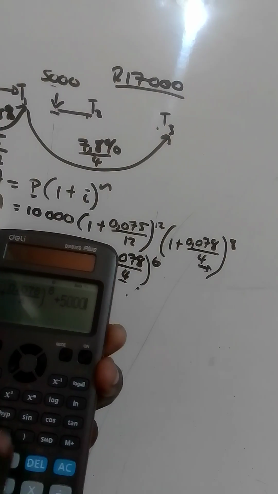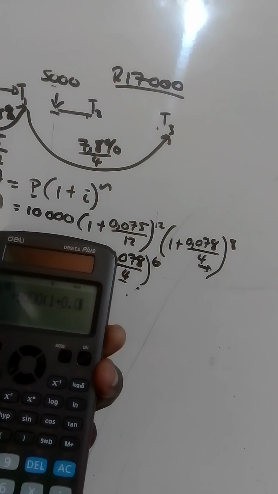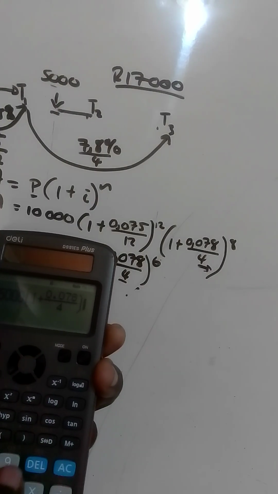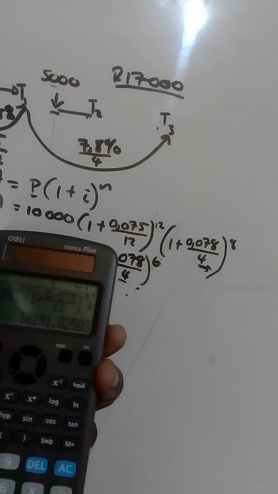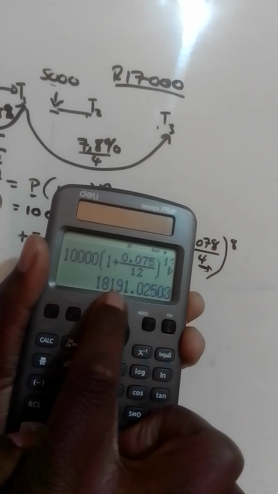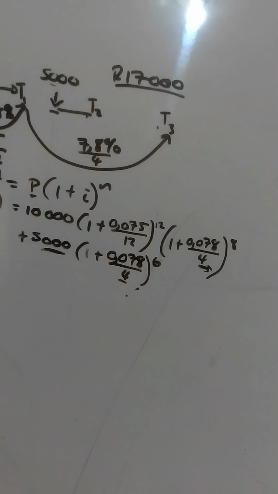Then we multiply it. We say multiplied by 1 plus 0.078 divided by the compounding period, which is quarterly, divided by 4. And then we close the bracket. We say to the power 6. And then we say is equal to, and it gives us 18,191 rands and 0.03 cents.